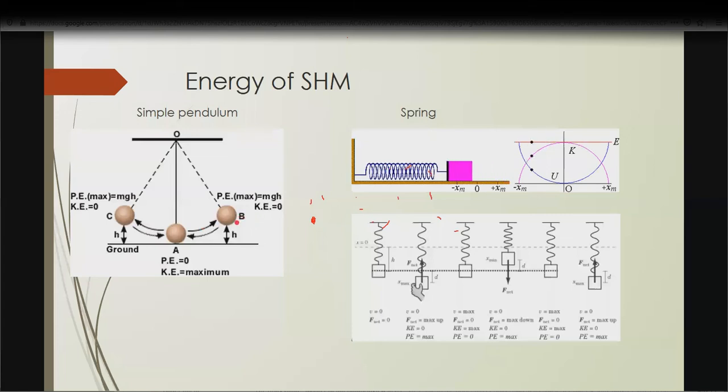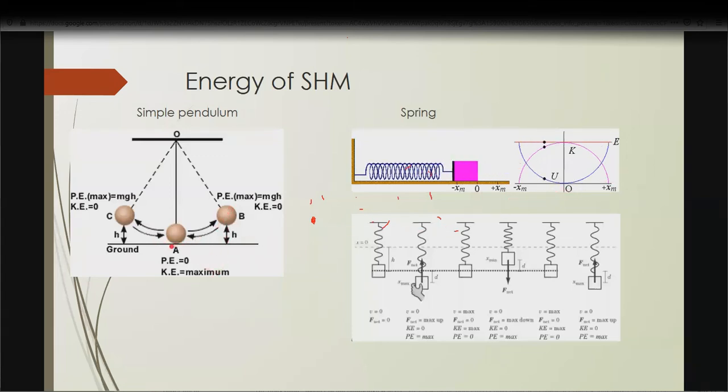Then it instantly comes to rest and again starts to accelerate down. The acceleration is in this direction and the displacement is minus. Then velocity is increasing, but the height is decreasing. So it is a curve like this.